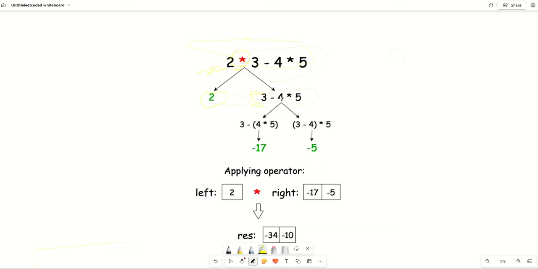There are two more operators in this substring, which means it can be divided into two parts. If the character is an integer, we just pass on to the next, and when we see an operator, we divide it into two substrings. Here we see the operator, so we divide it into a left part and a right part.